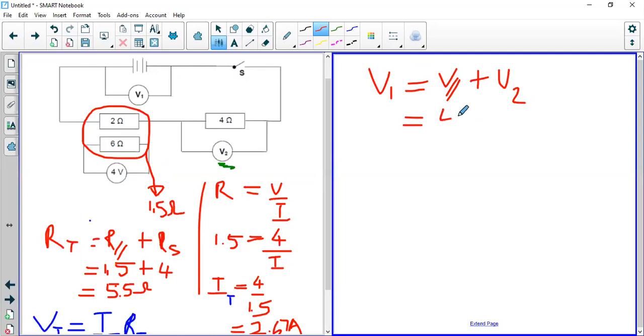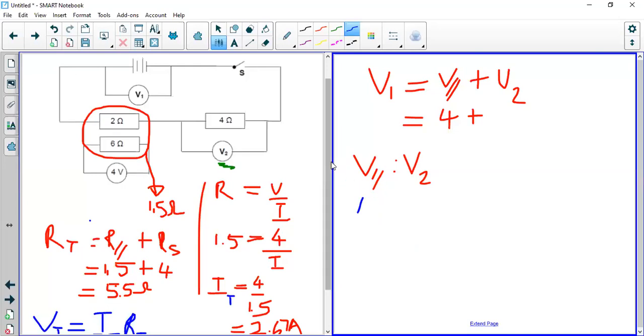So I'm just going to say 4 plus. But the one for V2, I don't know it. So what am I going to do? I'm going to use ratio. I'm going to do V parallel is to V2. Let me write it in blue. V parallel I'm given, I've got a 4. So here it's going to be 4.